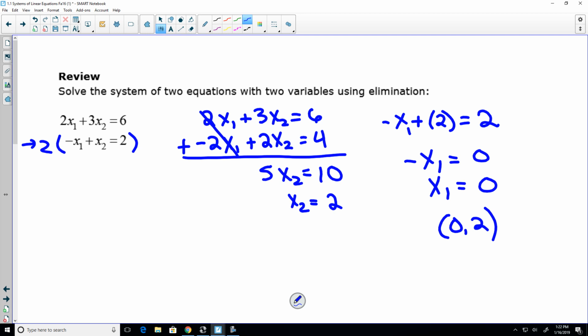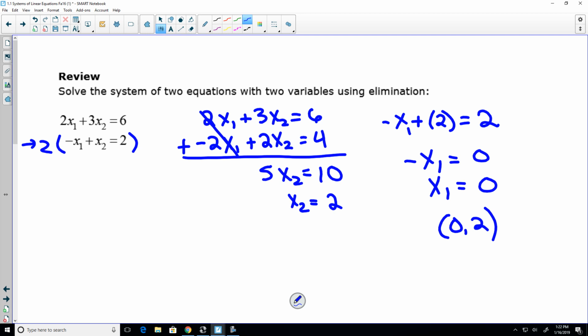Say it again? Have the same variables. Well, if I had different variables, I could still add them stacked up like this. Oh, it's because you eliminated one of the variables? Well, that's the purpose of doing it, and that's the result that we get. But why is it mathematically correct to do this?